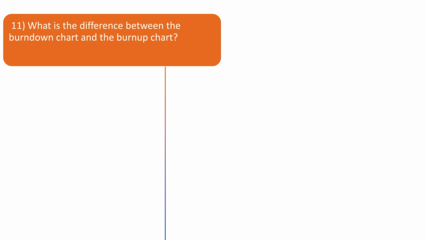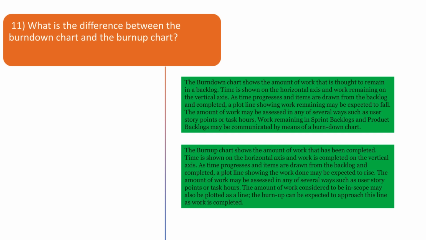Time is shown on the horizontal axis and work remaining on the vertical axis. As time progresses and items are drawn from the backlog and completed, a plot line showing work remaining may be expected to fall. The amount of work may be assessed in any of several ways, such as user story points or task hours. Work remaining in sprint backlogs and product backlogs may be communicated by means of a burn-down chart.